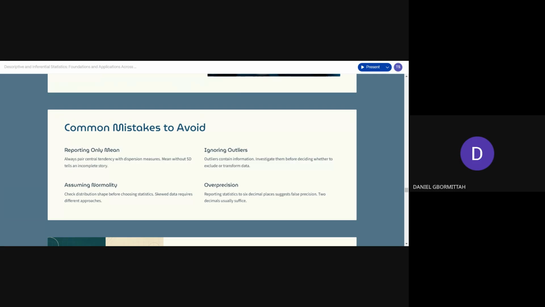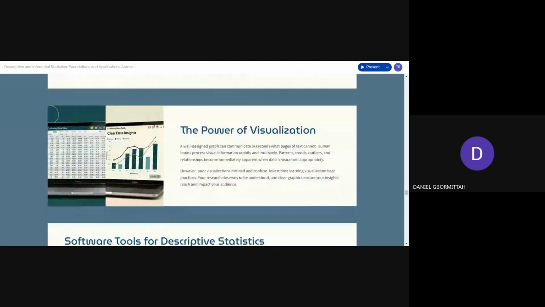But if it is skewed to the left or skewed to the right, then you may be interested in something called kurtosis, and other data analysis that you can use.